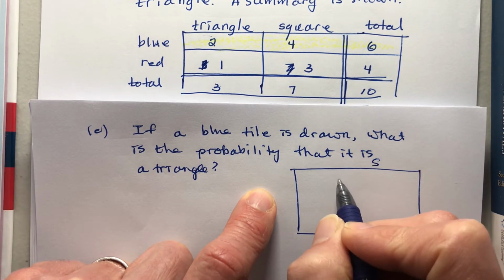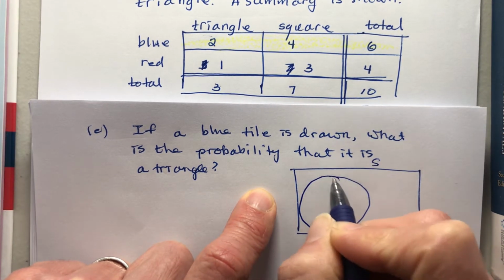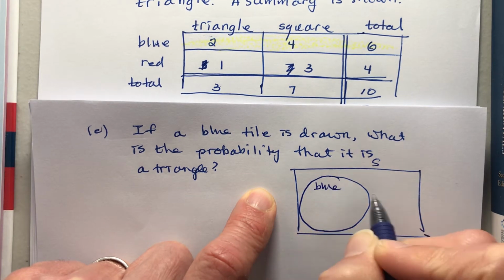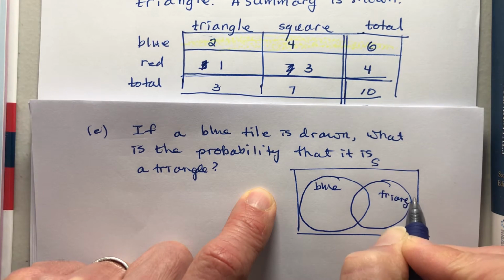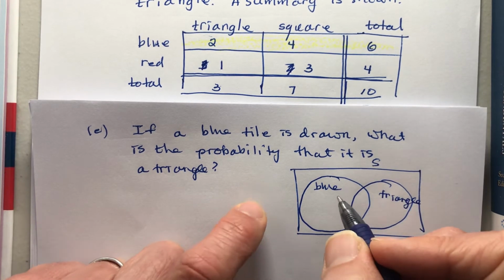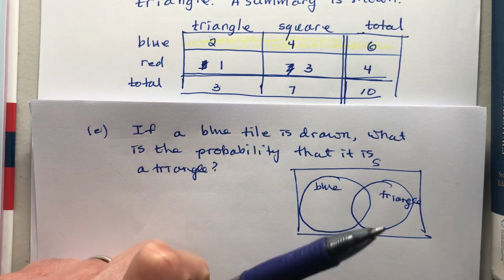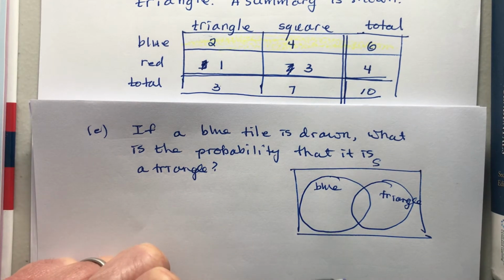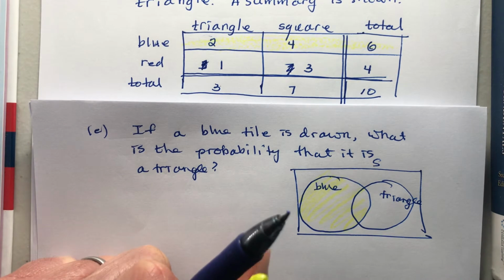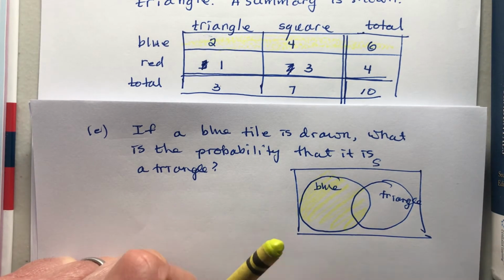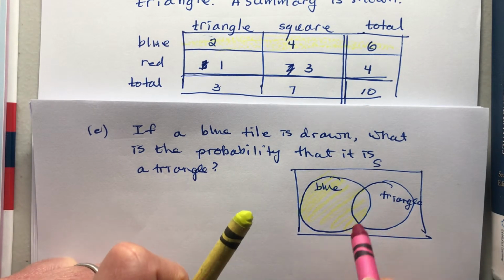So here's S. And you have blue, and you have triangle. Now, what we're doing is we're only looking at that part that's blue. So it's as if that's our new sample space. And out of that blue, there are two triangles.